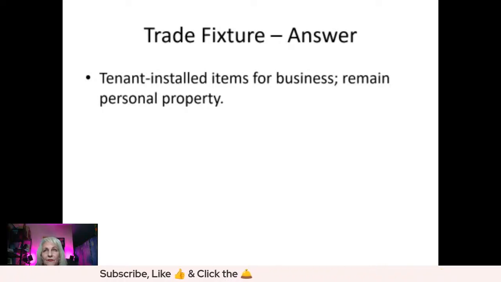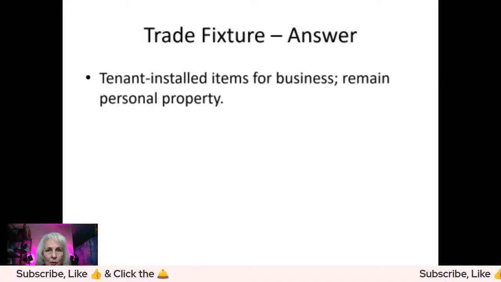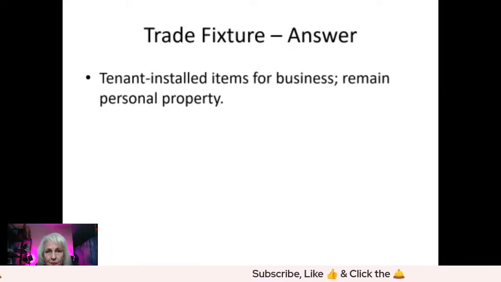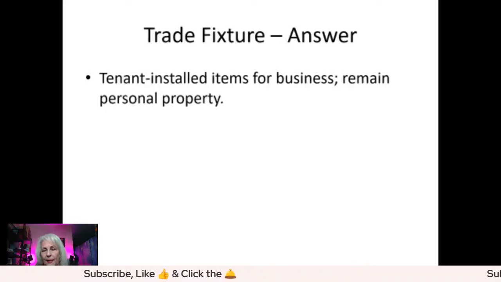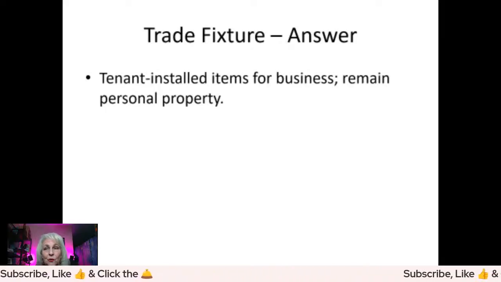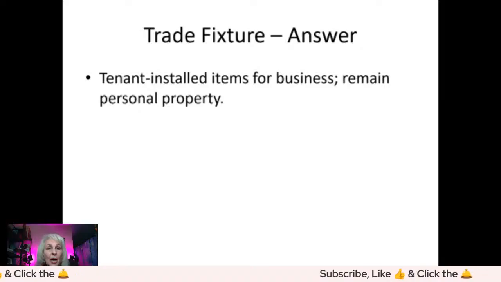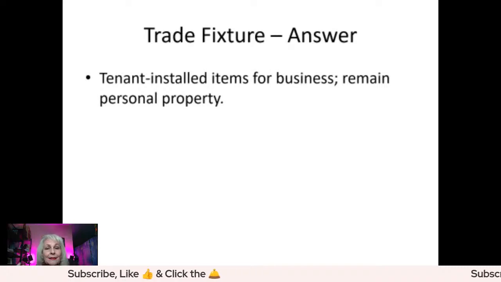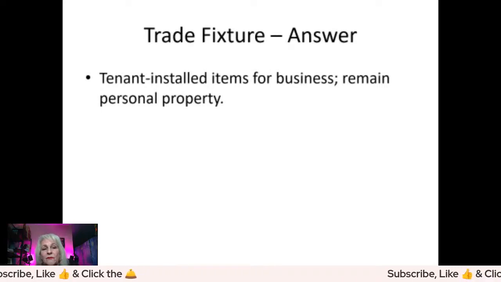So if someone is leasing a building, an office, and they bring their own fixtures, like for computer stuff, and they happen to have to attach it, or they put subdividers if they're having lots of employees in the office, those are dividers that they can then remove. That's part of their business.